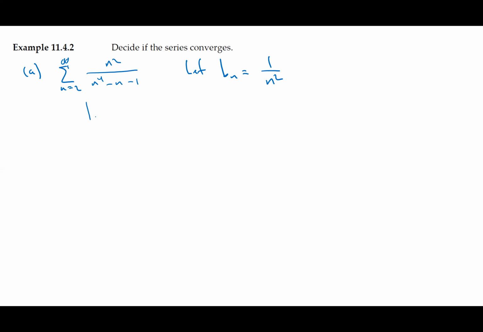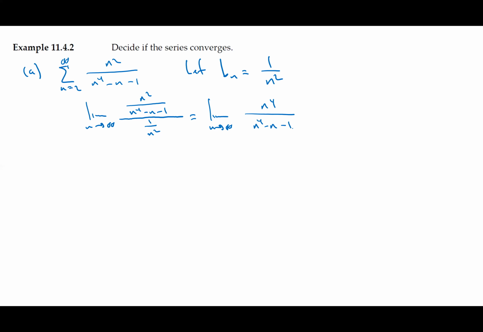And so let's take the limit now as n goes to infinity of n squared over n to the fourth minus n minus 1, all over 1 over n squared, right? An over bn. And let's see what we wind up getting here. Well, we get n to the fourth over n to the fourth minus n minus 1.